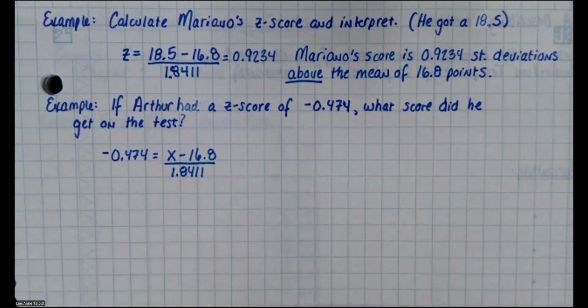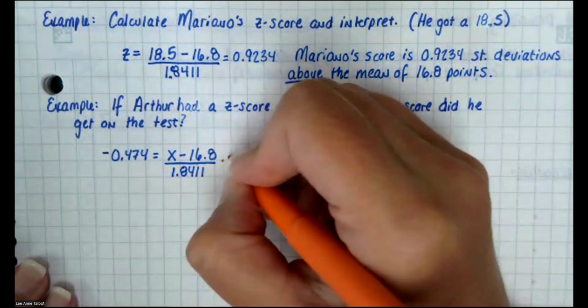Okay, what's the order of operations here? What should I undo first? Multiply both sides.